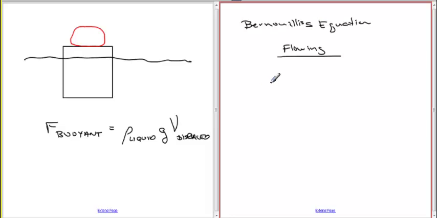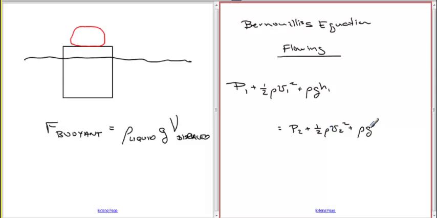We looked at a couple of examples there, but Bernoulli's equation says that the pressure at some position 1 in the fluid, plus 1/2 rho V1 squared, plus rho g h1, and we're assuming the density of the fluid is constant, is going to be equal to P2 plus 1/2 rho V2 squared plus rho g h2.